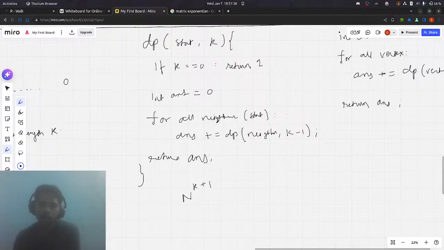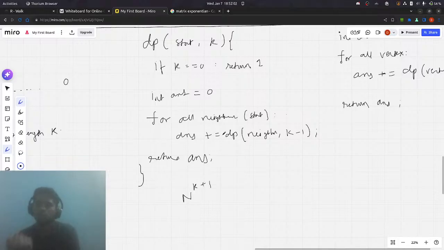Correct, right? I think so, because it is possible to go to a vertex you have already visited, so that option is still open to us. If there is a fully connected graph, for each vertex we can have n options, and we can go till k steps.